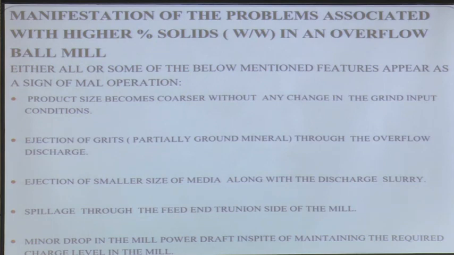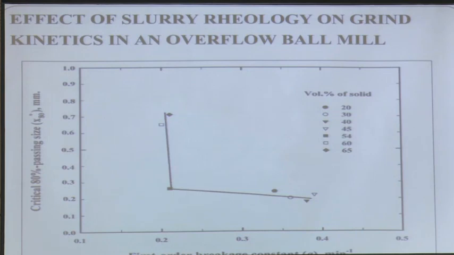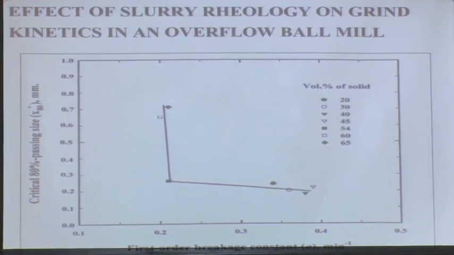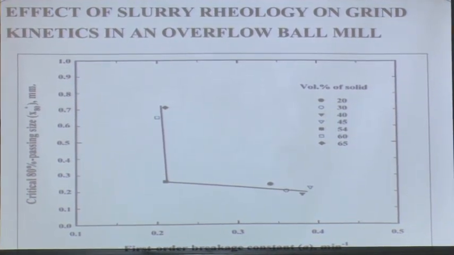Okay. Now let us see the effect of slurry rheology on the grind kinetics in an overflow ball mill. It has been studied by Austin. This is the first order breakage constant and this is the critical 80% passing size. Now you see 20%, 30%.